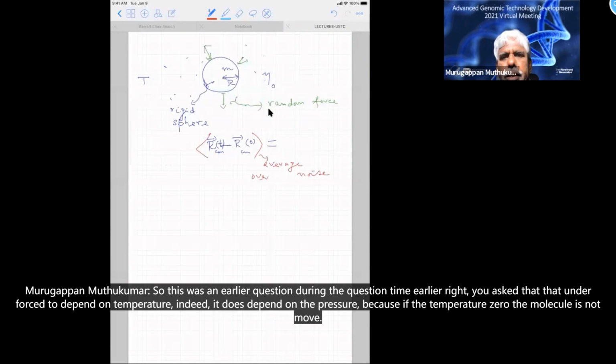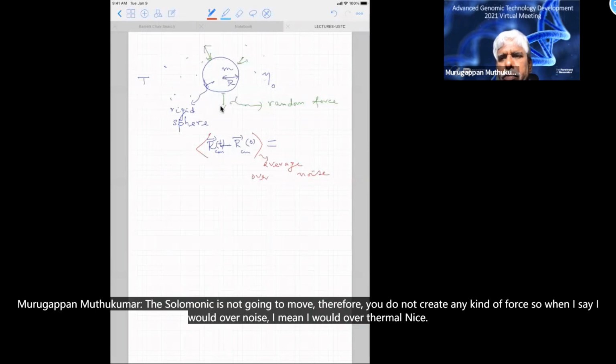This was an earlier question during the question time, right? You asked, does the random force depend on temperature? Indeed, it does, because if the temperature is 0, the solvent molecule is not going to move. Therefore, it will not create any random force. So when I say average over noise, I mean average over thermal noise.